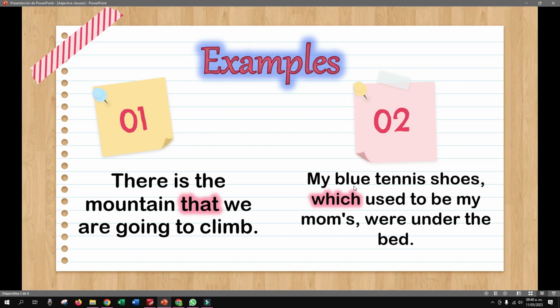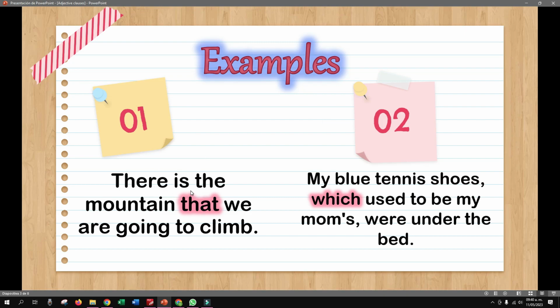Comma, which used to be my mom's, another comma, and then you continue: were under the bed. You could say my blue tennis shoes were under the bed, but if you want to add extra information about these, you should use a relative pronoun, or in this case, an adjective clause. So, which used to be my mom's, were under the bed.